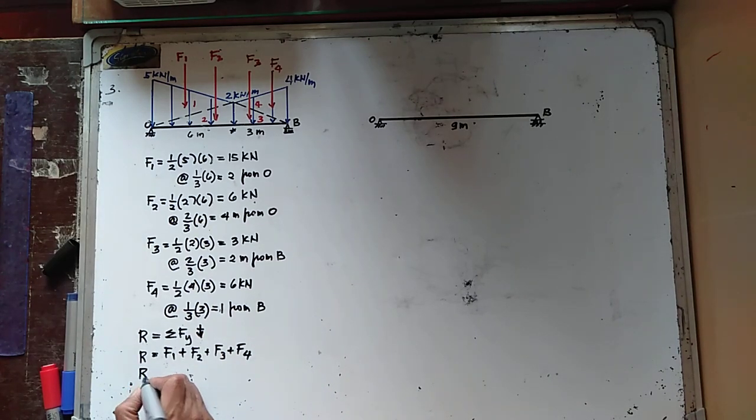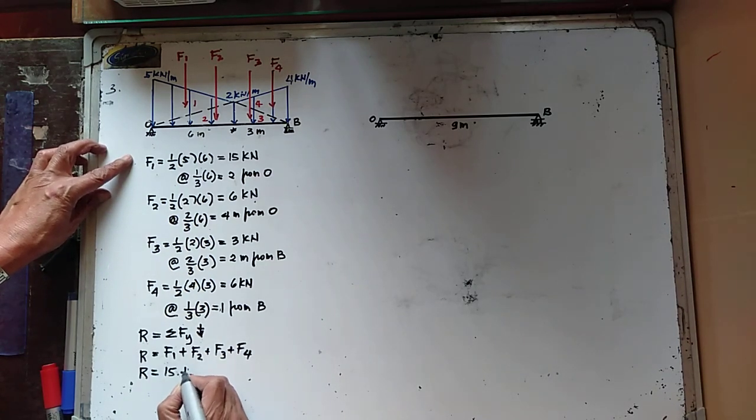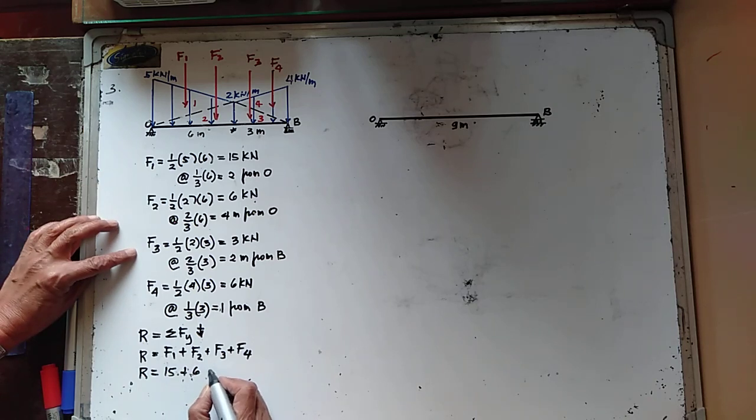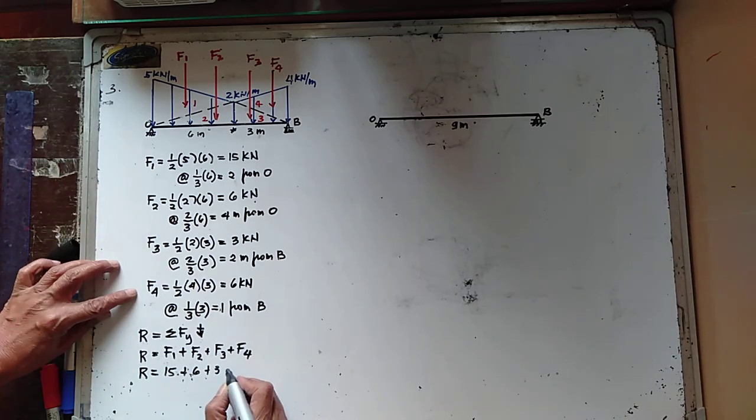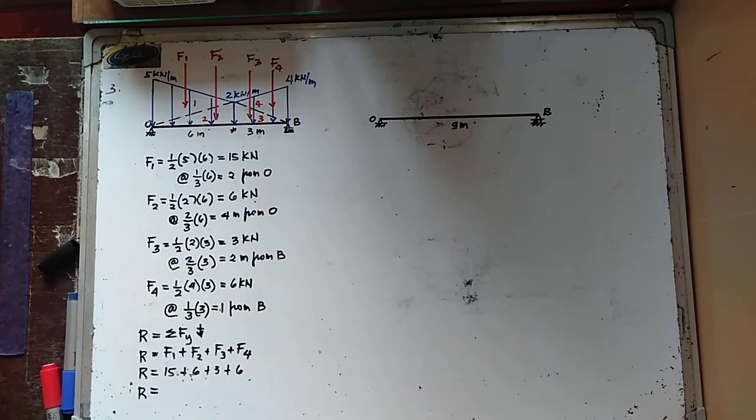So the resultant force is now equal to 15 plus 6 plus 3 plus 6. This is now the resultant force, which is equal to 30 kilonewtons. That is downward. So how are we going to determine the location of the resultant force.